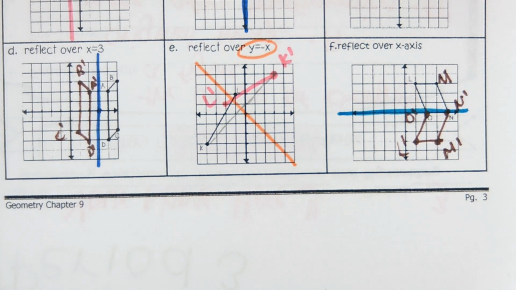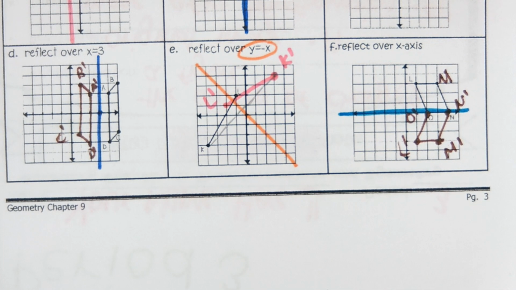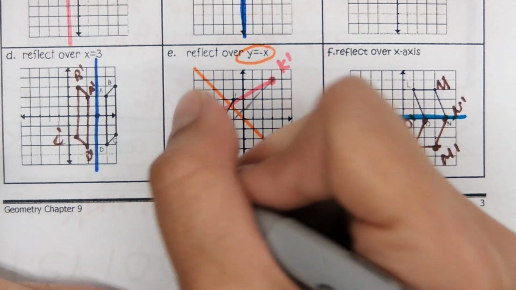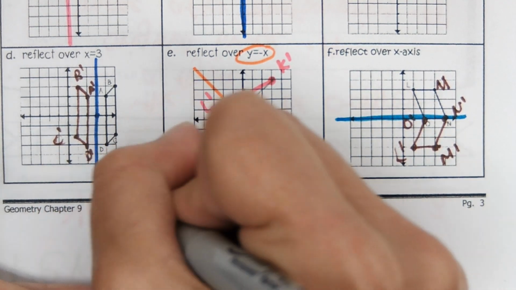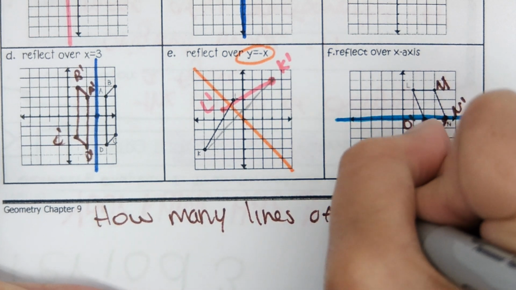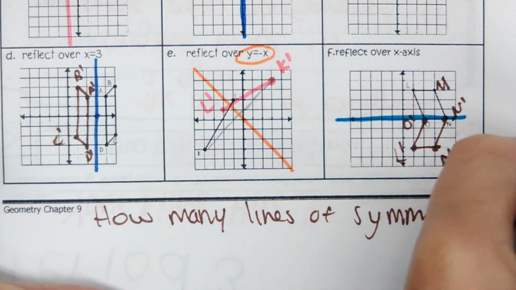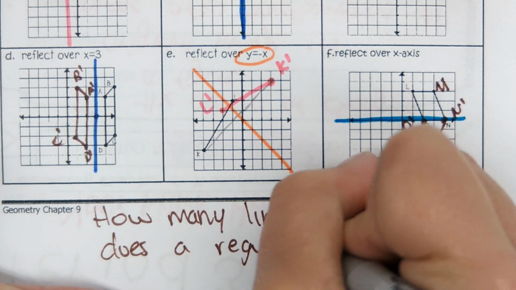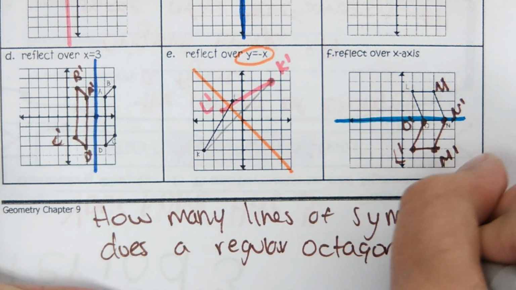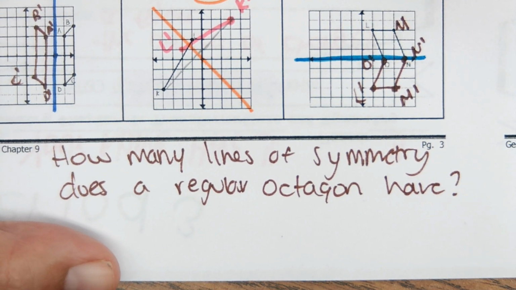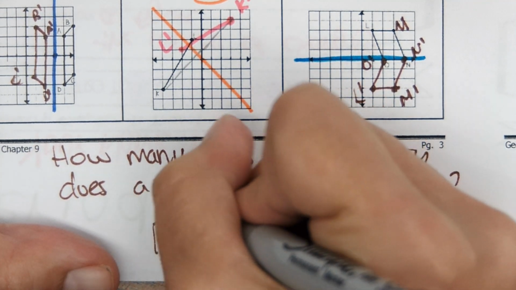There's one more type of problem that might show up that I want to go over, and it is: how many lines of symmetry does a regular octagon have? Okay, so a line of symmetry would be like a line of reflection within the shape.